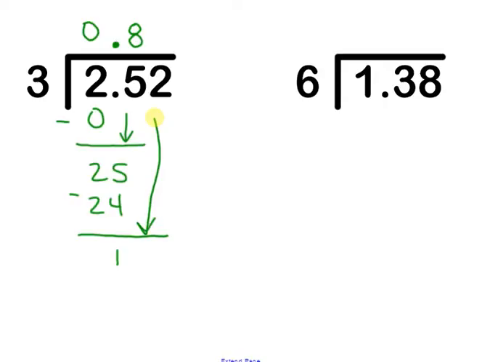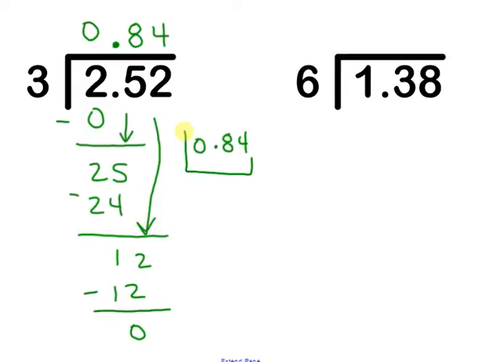Bring down the 2. 3 goes into 12 4 times. 4 times 3 is 12. 12 minus 12 is 0. Nothing left to bring down. Your answer is 0.84, or 84 hundredths.